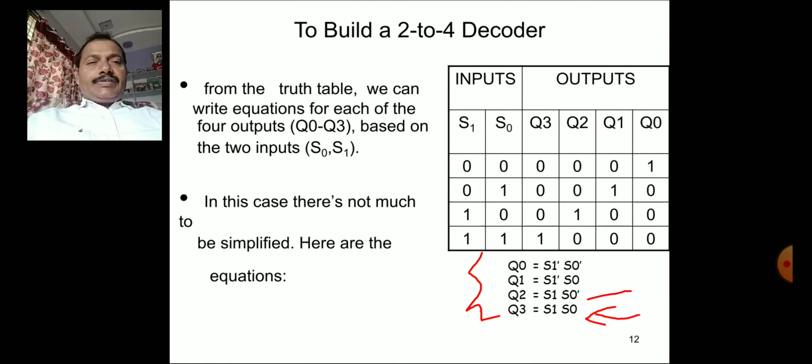Once these equations are available, you can implement them with the help of gates.